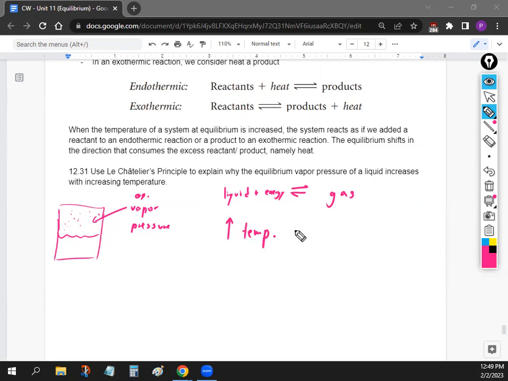Since energy is a reactant, it's going to shift to the right in order to mitigate the change in the system. If the system shifts to the right towards gas, you're going to get more gas, and if you get more gas, you get more pressure.